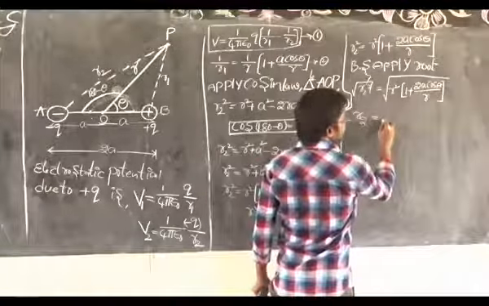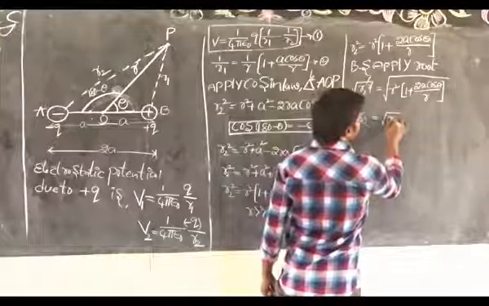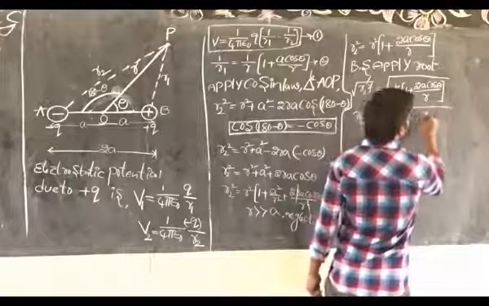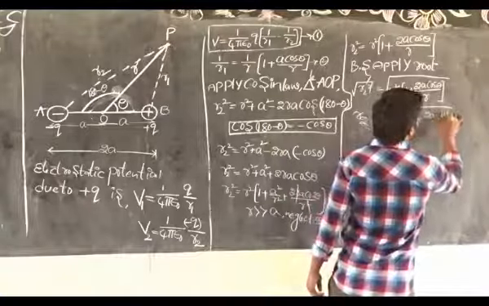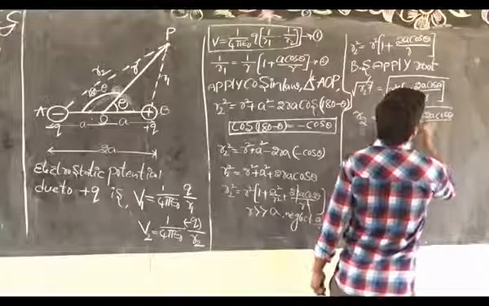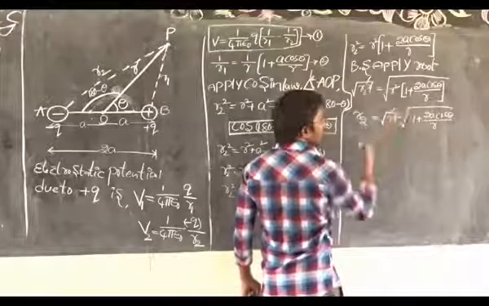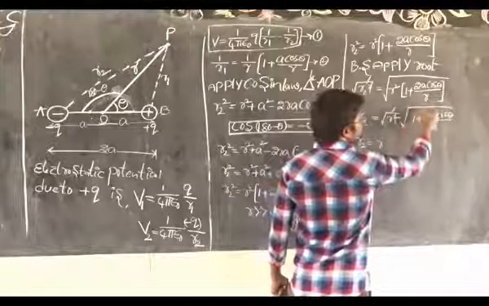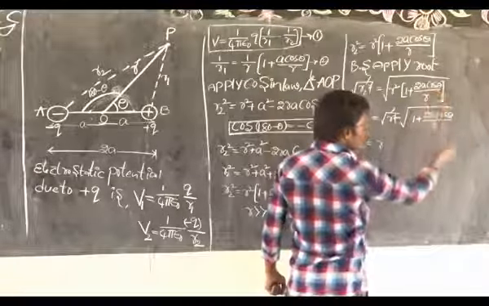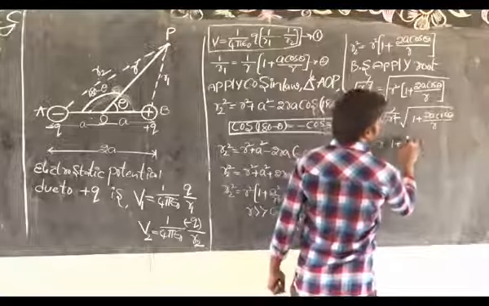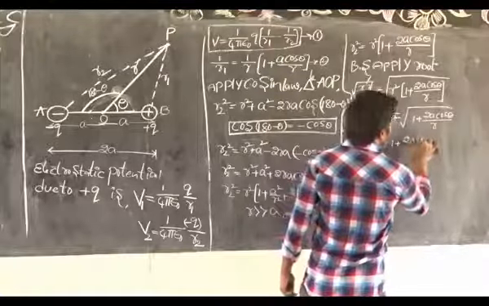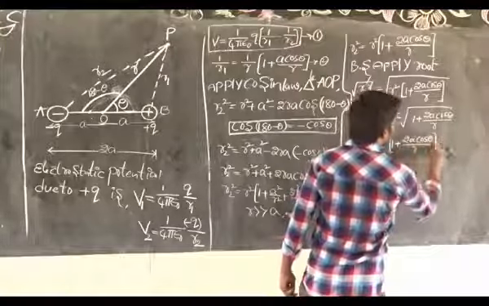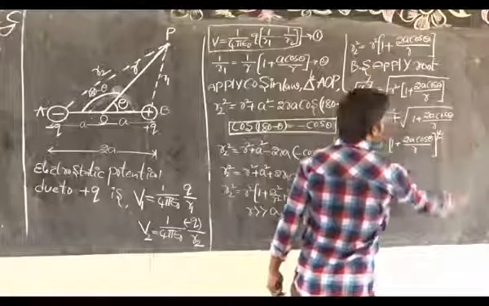Root A into root B, I am writing again as root of R square into root of 1 plus 2A cos theta by R. Now again square and root cancel. R2 is equal to R into, instead of this root we can write whole power 1 by 2, so 1 plus 2A cos theta by R whole power 1 by 2.